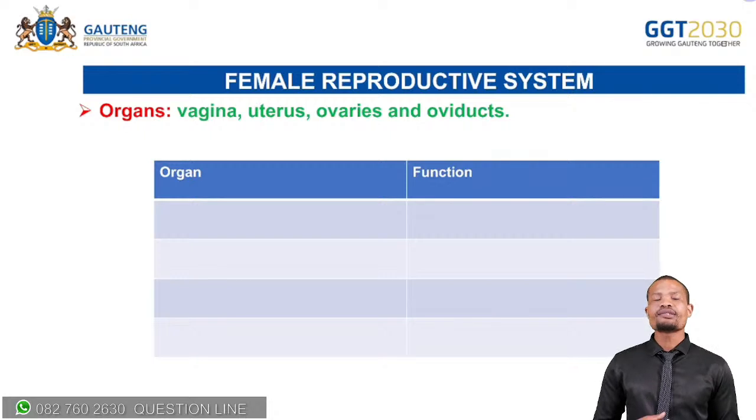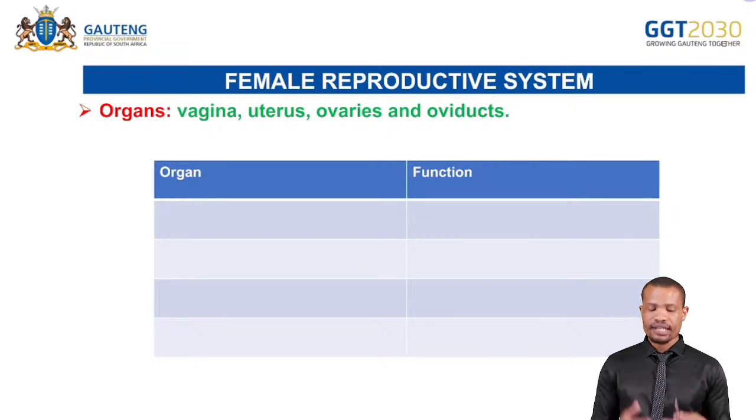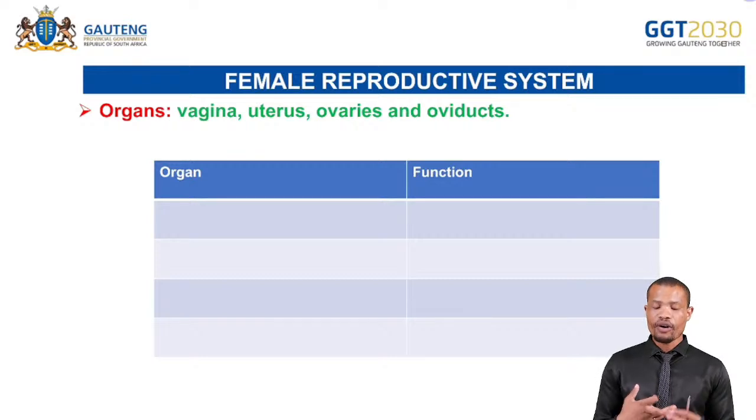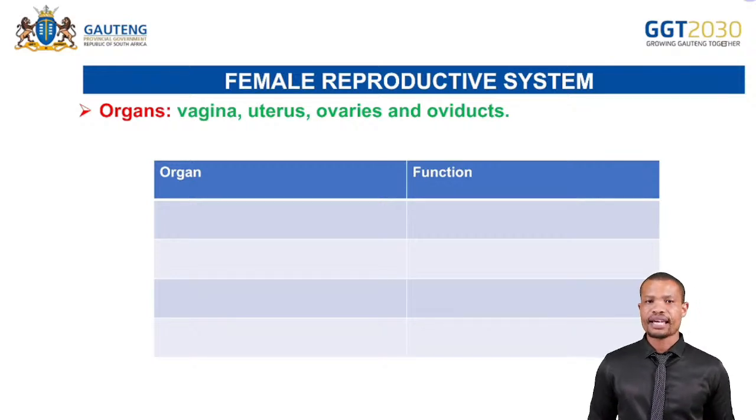Now let's look at a summary of the female reproductive system. The organs that are involved are the vagina, the uterus, the ovaries, and the oviducts. So what do each of these organs do exactly? We are going to summarize this in the following table.